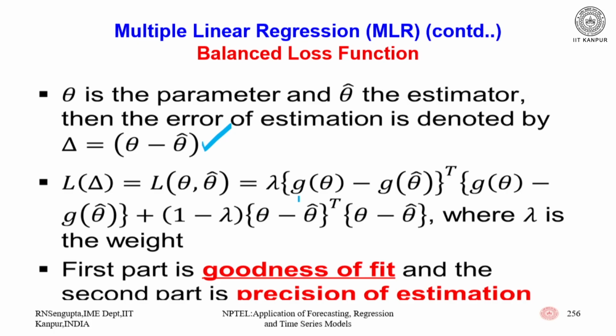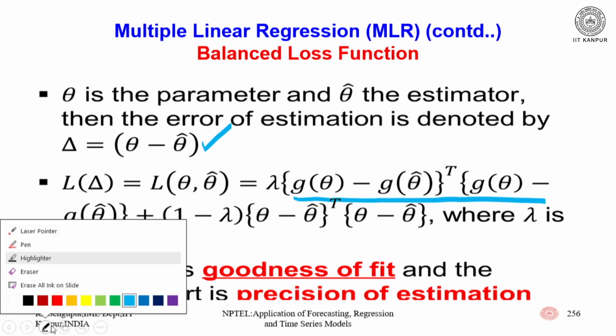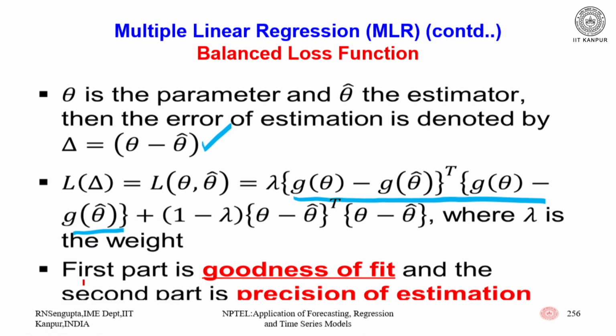Part 1 is the goodness of fit, which I am marking in blue, and the other part, which I am marking in red, is the precision of estimation. The precision of estimation has to do with the first stage, goodness of fit has to do with the subsequent stage, and you give weightages here.